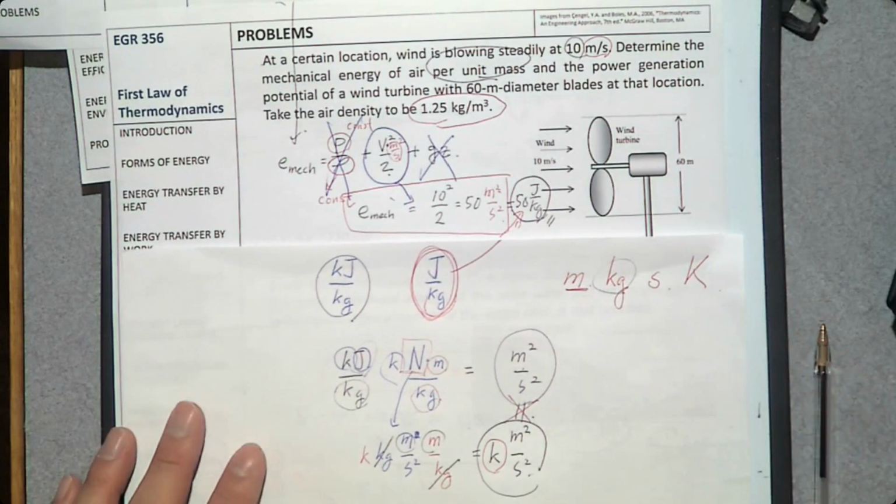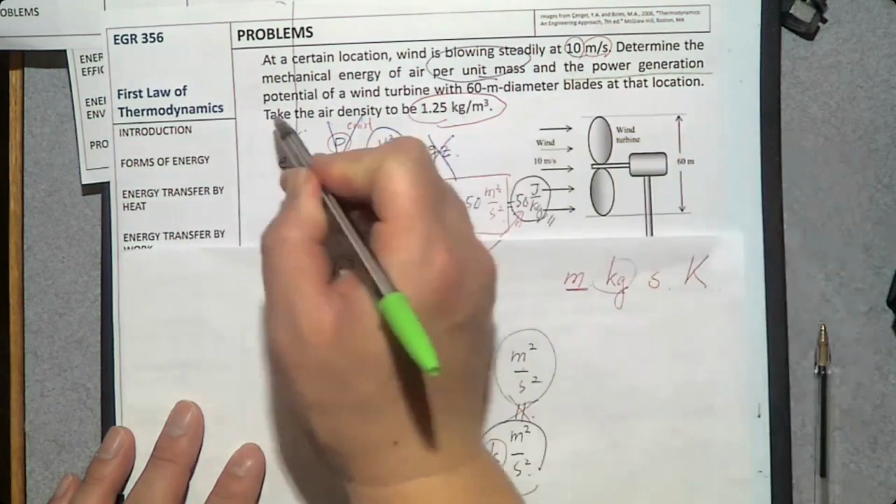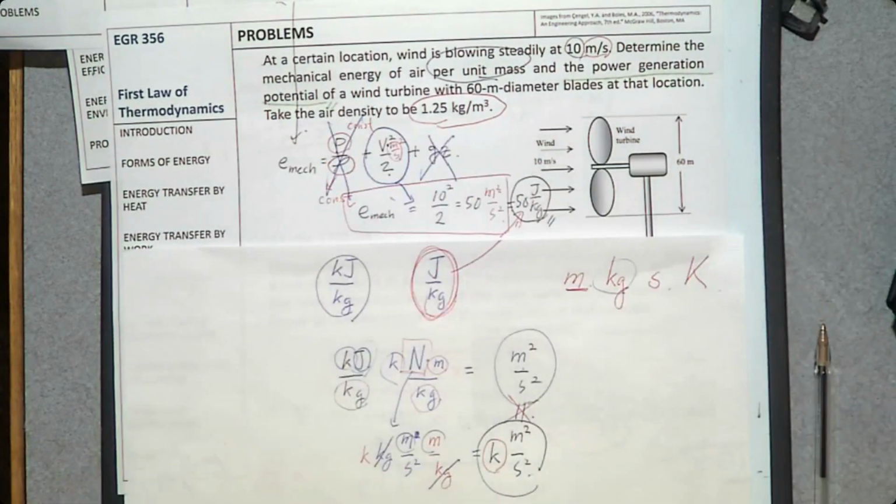Then we want to determine the power generation potential. Power generation potential means the total power possible that can be generated by this wind turbine.